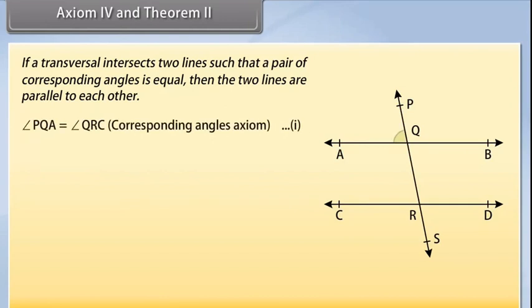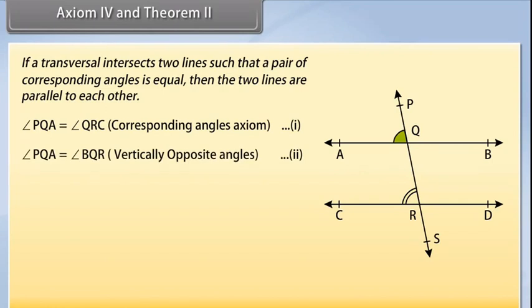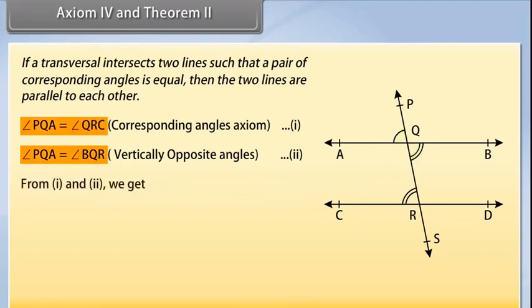We know that angle PQA is equal to angle QRC by using the corresponding angles axiom. Mark it as 1. Also, angle PQA is equal to angle BQR because these are vertically opposite angles. Mark it as 2. So from 1 and 2 we may conclude that angle BQR is equal to angle QRC. Similarly, angle AQR is equal to angle QRD.